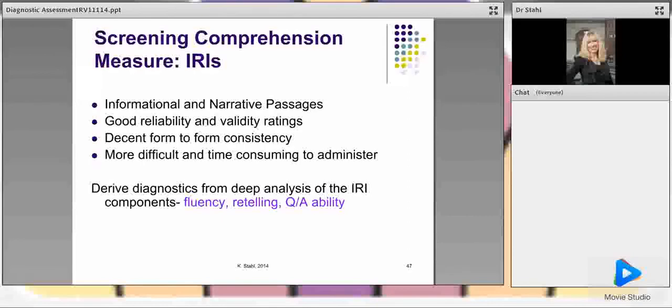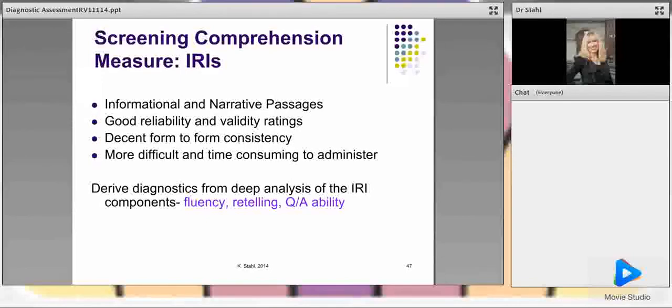Just a rubric that says great retelling, moderate retelling, or unproficient does not cut it. That is not diagnostic. We need an analysis of idea units.